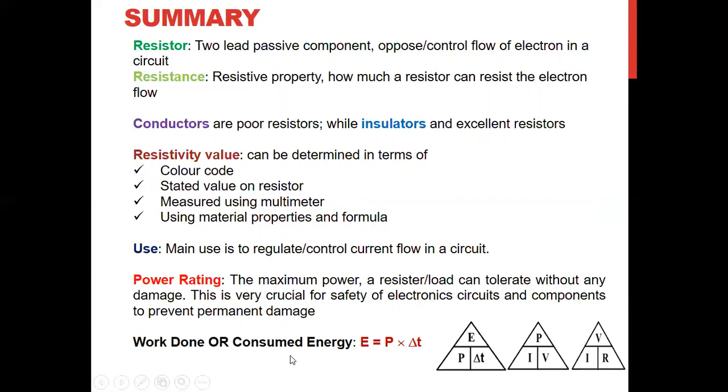The power rating or the energy consumed equals PT. These three formulas we have to keep in mind, and they are easy to remember, all of the same nature: E energy equals P delta T, P equals IV, V equals IR. This is very, very important for our electric and electronic devices.